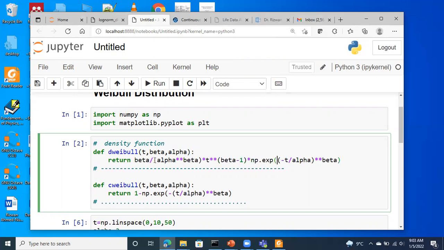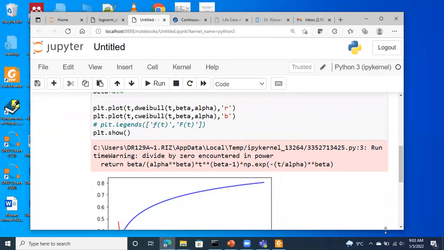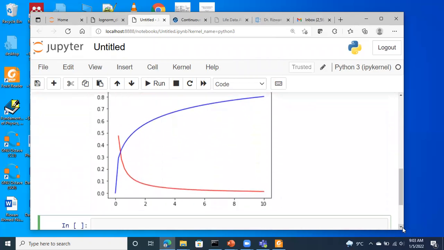There was the problem that this negative sign should be like this, right? Okay, so that's the Weibull distribution.